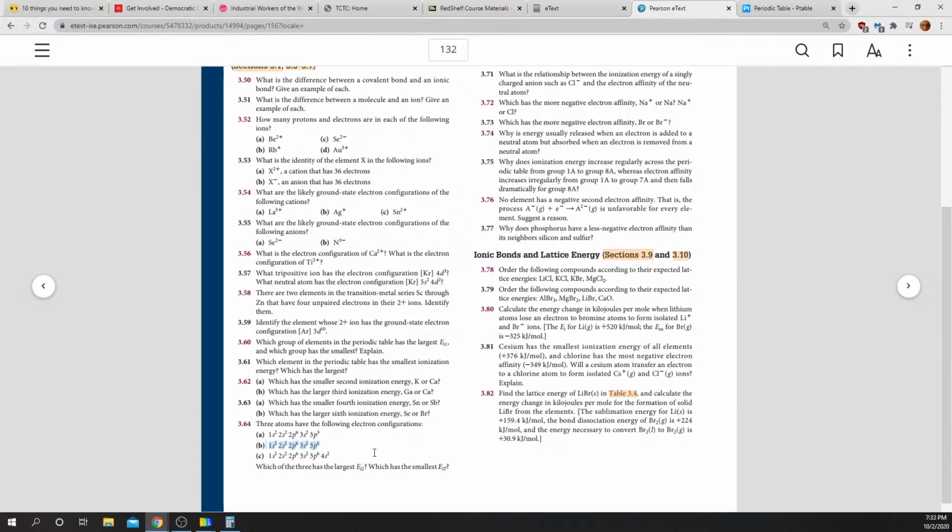So I'm going to say that that one has the highest second ionization energy. And the smallest IE7: 1, 2, 3, 4, 5, 6, 7, 8. 1, 2, 3, 4, 5, 6, 7. So either way, you're dipping into core electrons, but you ventured less far into the core.